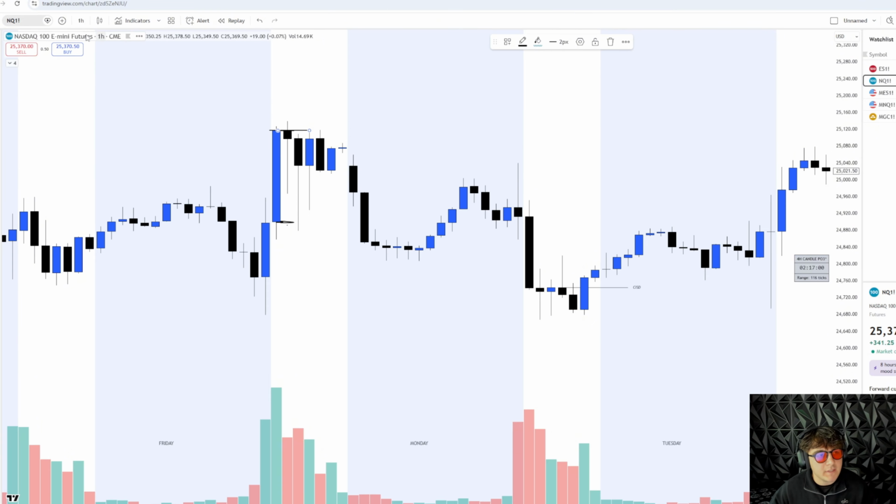So right now, if you look in the top left, we're on the hourly time frame. This means that each one candle represents 1 hour in time, what price did during that hour. So on this bullish example right here, we can see that price opened at the bottom of this body at the start of the hour. Price then moved down the first part of the hour to form this wick, and then it moved back up all the way to the top of this wick during the hour, and then it closed right here where the top of this candlestick body is.